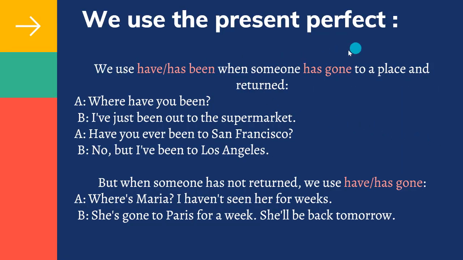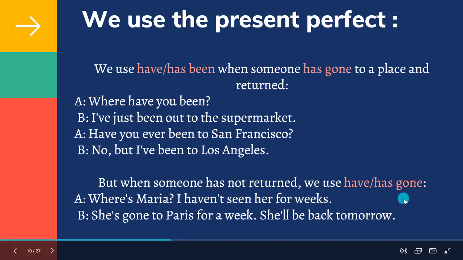We also use the present perfect for when someone has gone to a place and returned. For example, where have you been? I've just been out to the supermarket. Have you ever been to San Francisco? No, but I have been to Los Angeles. But when someone has not returned, we use have or has gone.